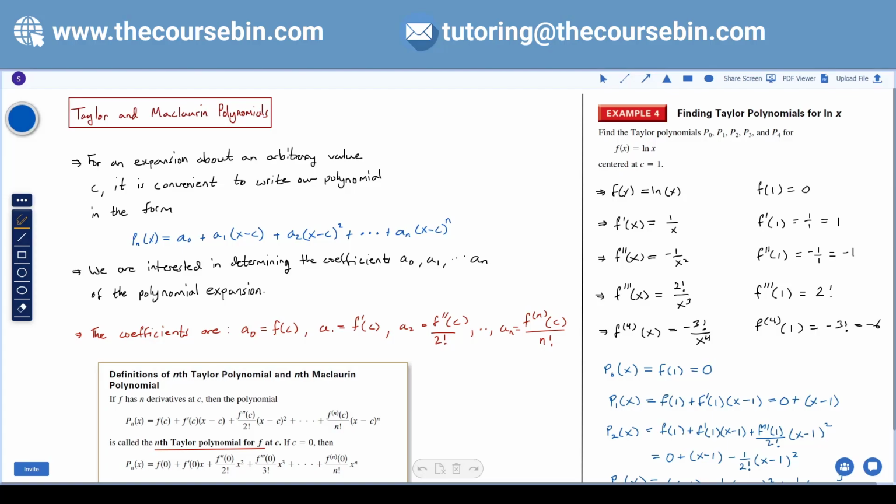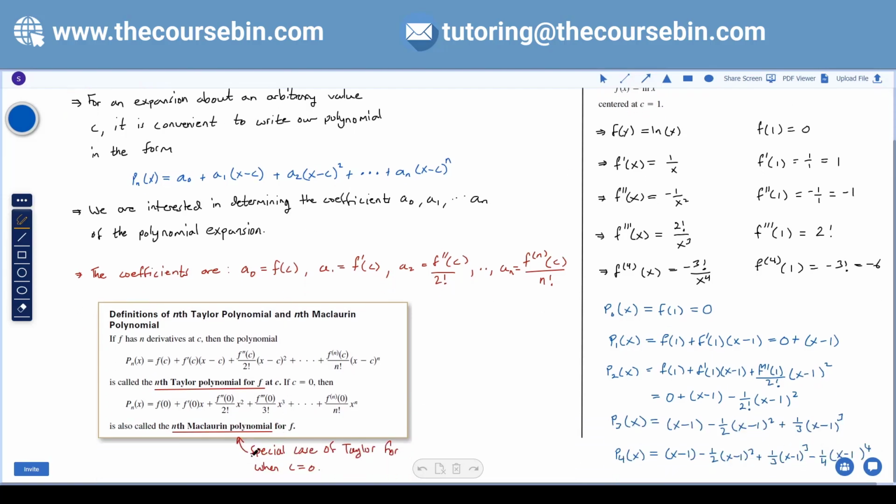Right, so for now, let's take a look at this. This is a Taylor series, a Taylor polynomial example, right? But suppose I said, okay, let's try to find the Maclaurin polynomial approximation for this, right? So remember, Maclaurin is just the special case of Taylor for which c is equal to 0.